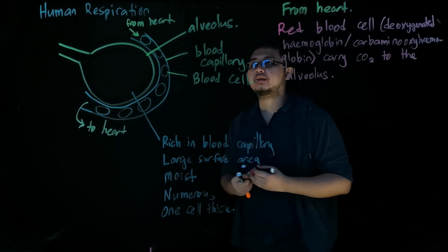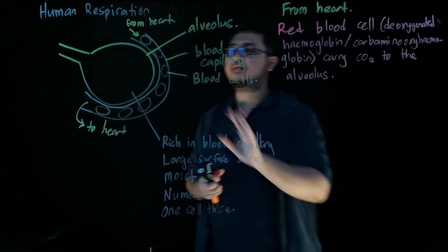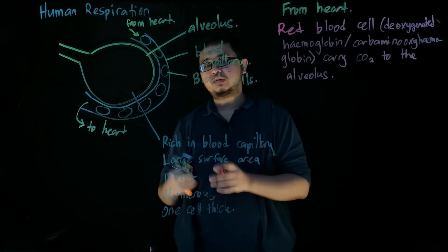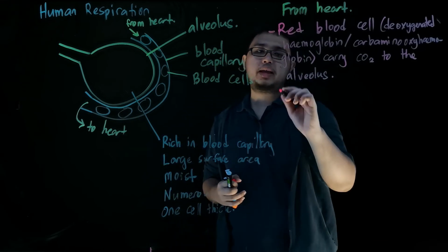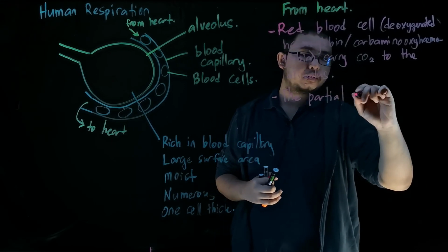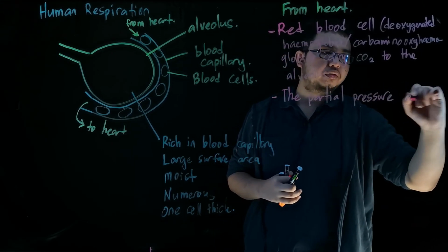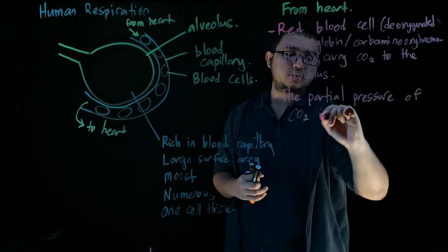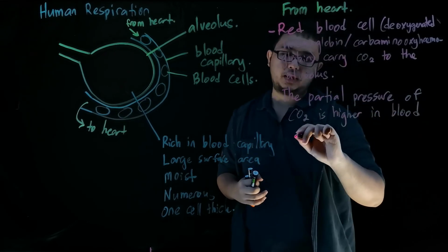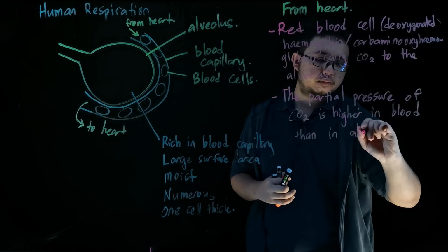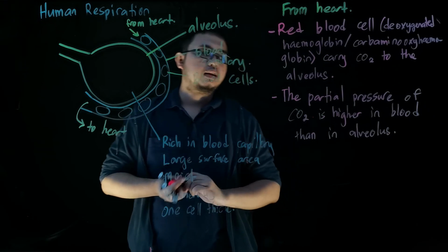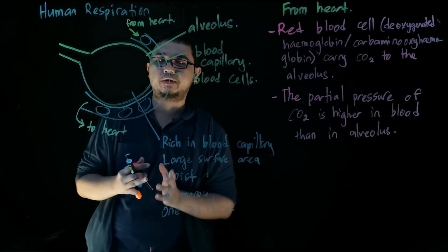Now, the carbon dioxide concentration inside the red blood cell is much higher compared to the alveolus. But we don't use the term concentration when we are writing our essay. Instead, we use the term partial pressure. The partial pressure of CO2 is higher in blood than in alveolus. Now, as you can see, this higher partial pressure is similar to high concentration.